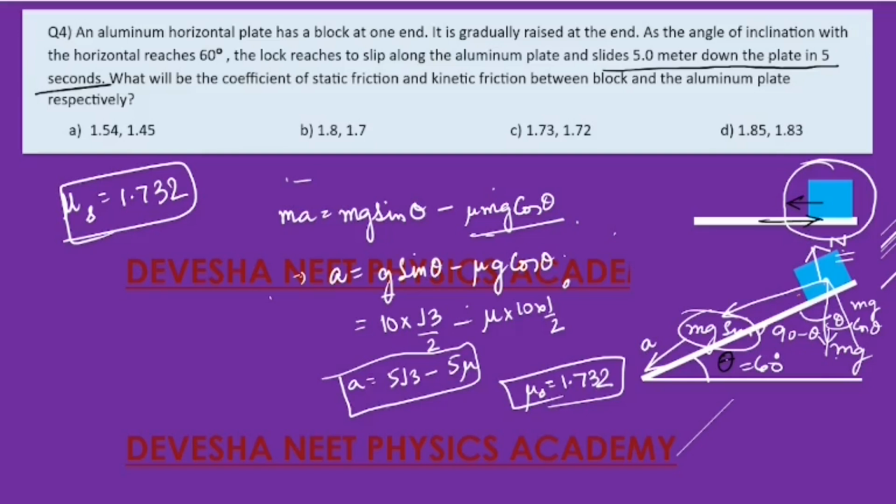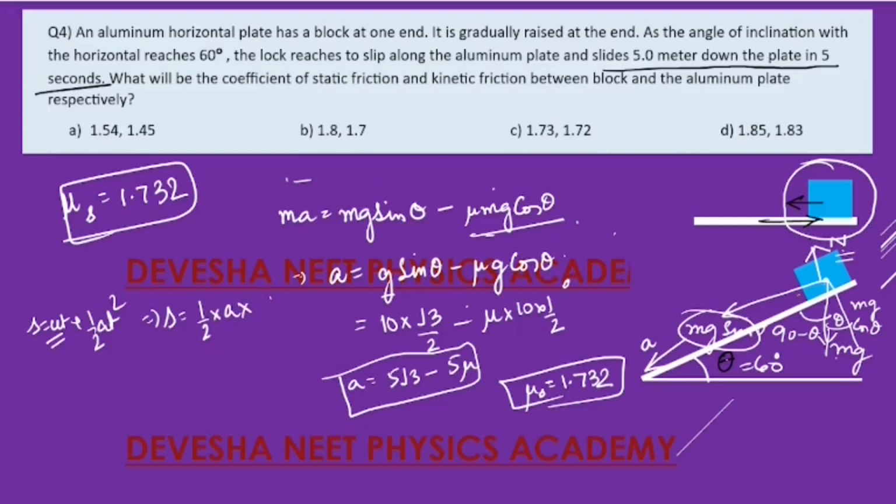We know that S is equal to ut plus half a t squared. Since it started from rest, u is equal to 0, so S is equal to half into a into t squared.